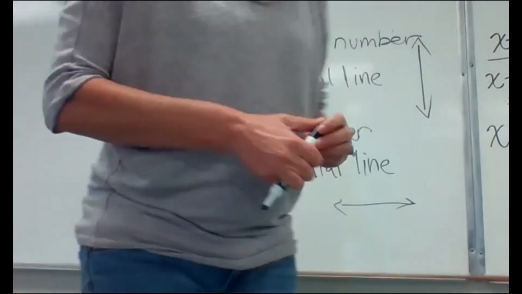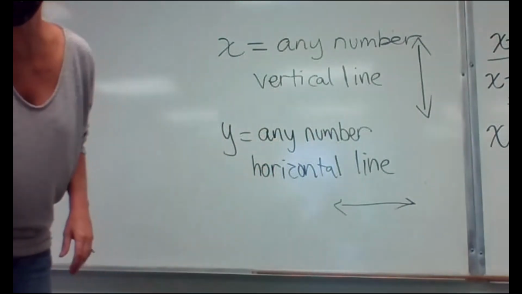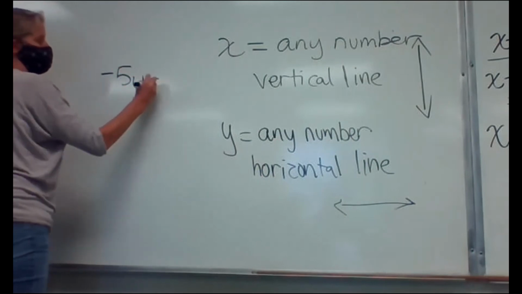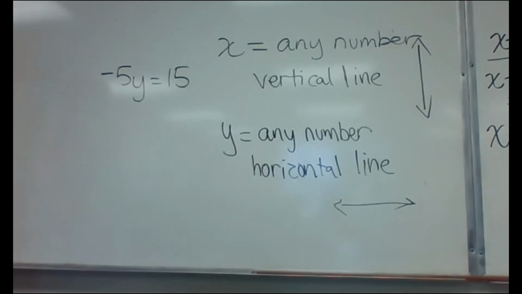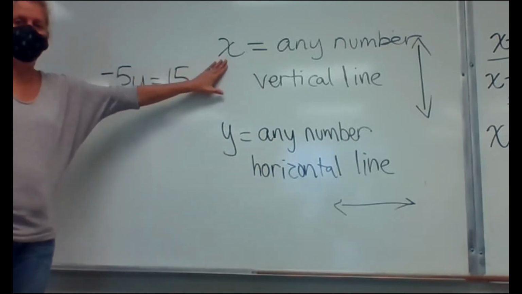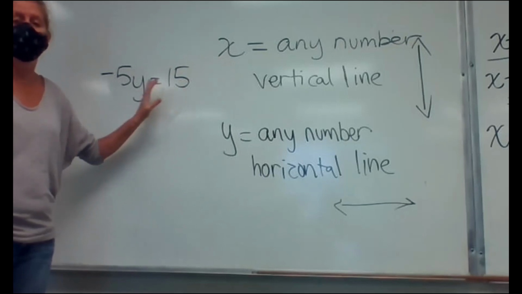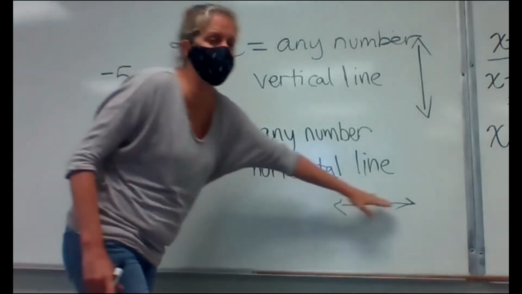Okay? Number 7 comes in this form. It says negative 5y equals 15. Is there an x involved? Do you see any x's in this equation? No. Only y involved, which means it's going to be a horizontal line.